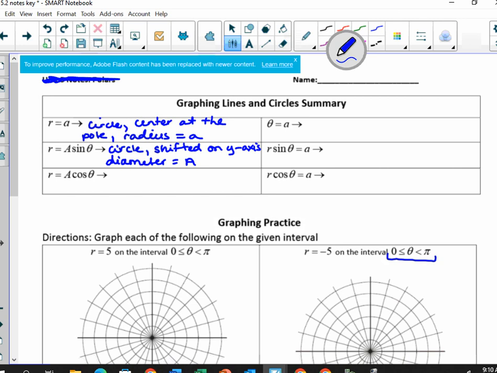Sorry, there's not a ton of room in there to write. If you can't read something, let me know. I know I'm squishing it in there. So r equals a cosine of theta. Again, this is a circle. What are we shifted on this time? Good. And again, the diameter is a.